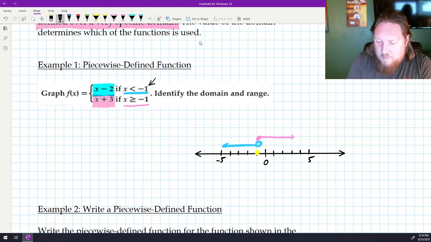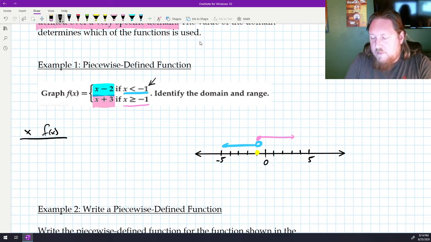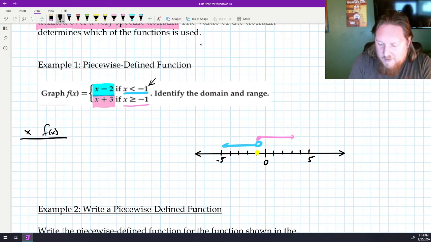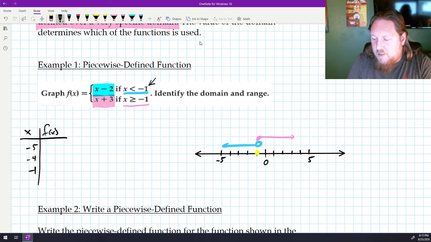If I'm making my table of values here, f of x, and I'm choosing my x values, what are some numbers to the left of negative 1? Well, how about negative 5, negative 4, and let's do negative 1 as well. Those three values, because they're to the left of negative 1, they're going to get plugged into the blue function.